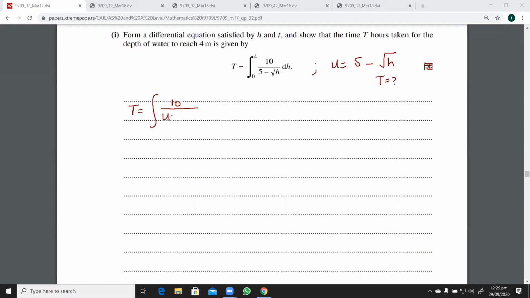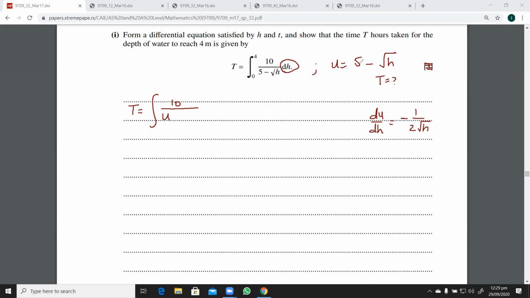Okay. Now, let's think about this dh. What to write for this dh? So let's find this du by dh. That is going to be minus 1 over 2 under root h, okay?